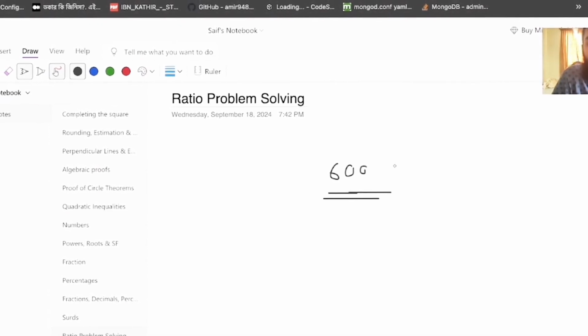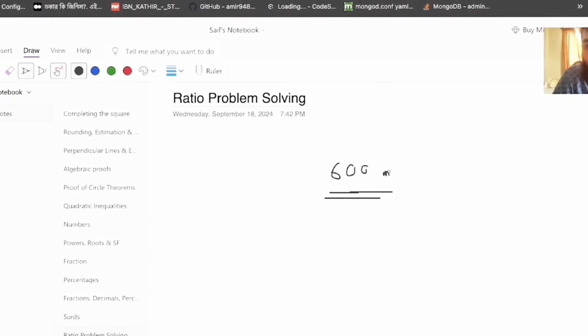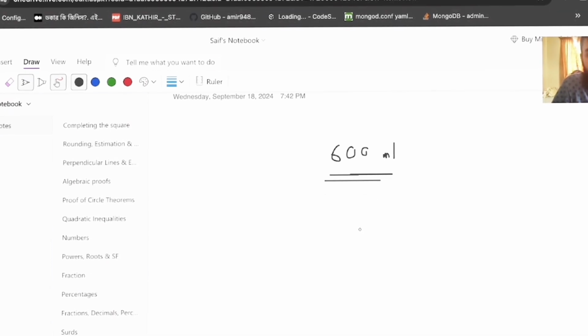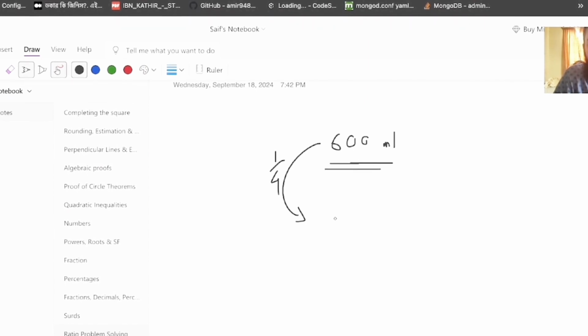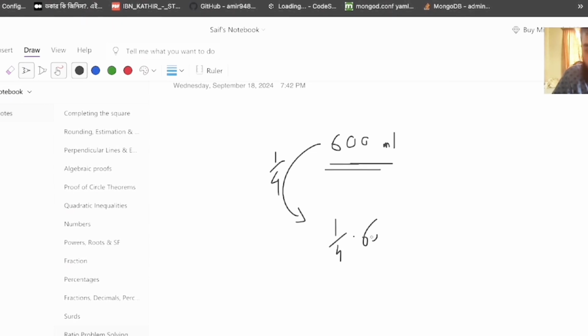This is the amount of wallpaper remover. 1/4 of it is used, which is 1/4 of 600, so 150 milliliters of wallpaper remover is going to be used by Suha.